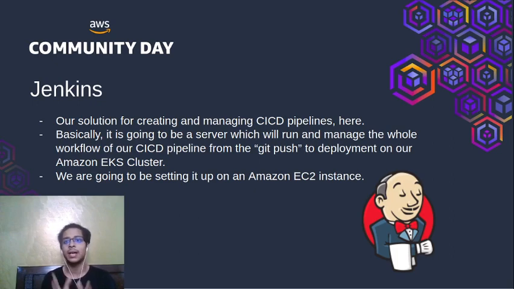This is the entire backbone, the entire body of the CI/CD pipeline. Every stage of our CI/CD pipeline, we will set up on Jenkins. I will be showing you how Jenkins looks. It's basically a web app. It's a server, so you run it on a server, and it will be exposed as a web application on some port. Don't worry, I'm going to be showing you how it works.